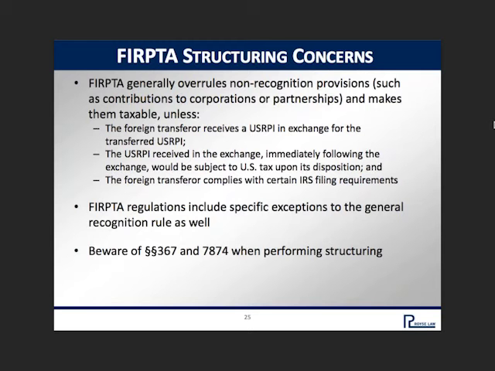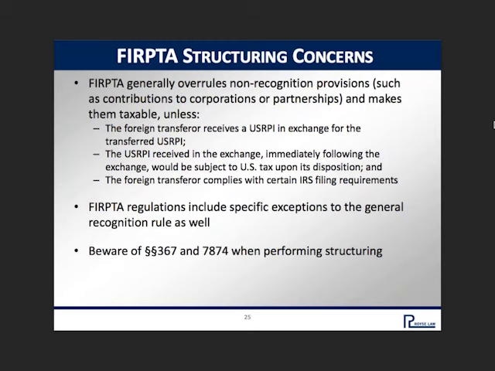Additionally, there are Sections 367 and 7874, which apply to cross-border transactions and also create pretty harsh tax effects if you don't plan for them. And there's actually an interesting interplay here. One of the regulatory exceptions under FIRPTA, if you follow it, will likely end up with you triggering 7874. To put that in non-tax terminology, that's going to be an inversion.